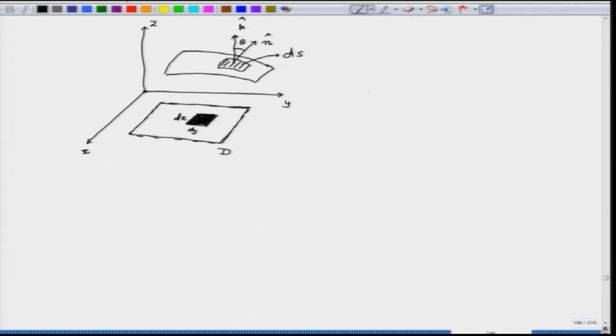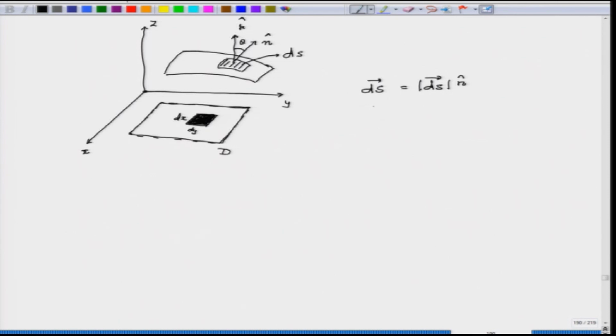So, what is the ds vector? It is the magnitude of ds into the n vector, this is the area vector.